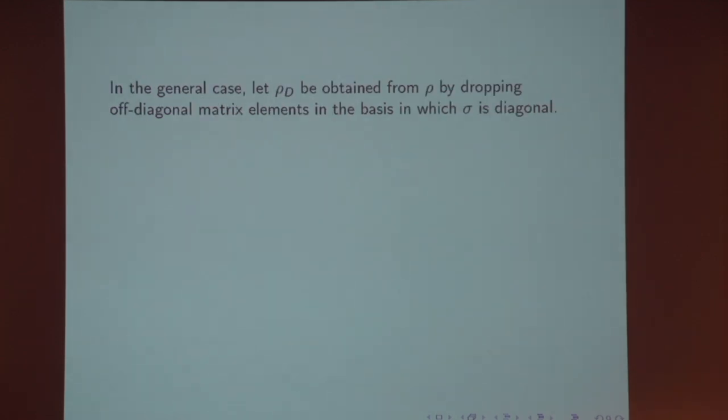Of course, in general, rho is not diagonal on the same basis as sigma. Let rho d be obtained from rho by dropping off-diagonal matrix elements in the basis in which sigma is diagonal.